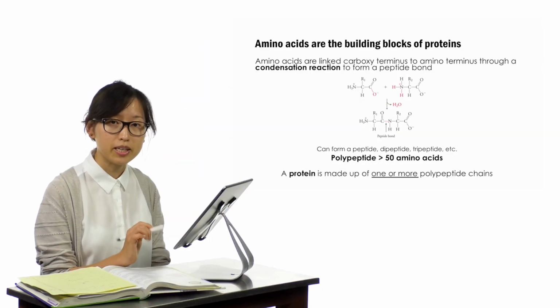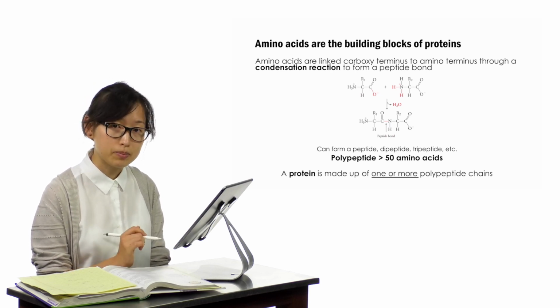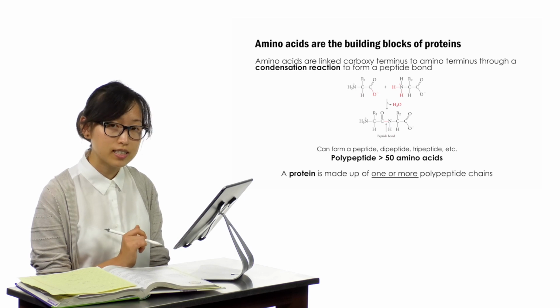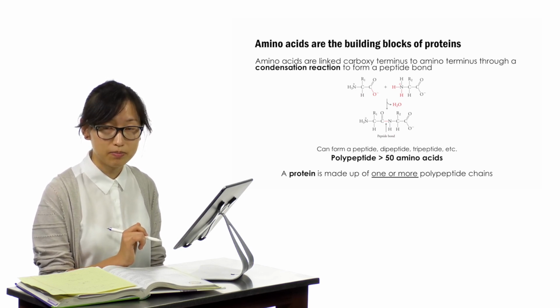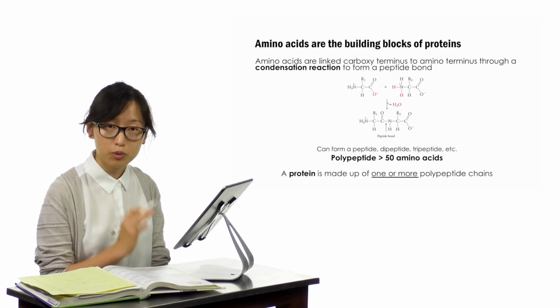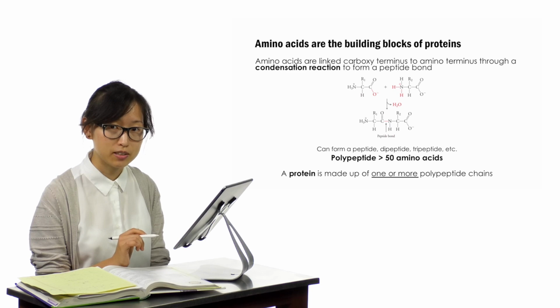Through the condensation reaction, you can form a peptide, a dipeptide made of 2 amino acids, a tripeptide made up of 3 amino acids, and so on. A polypeptide, as we define it for our class, is going to be greater than 50 amino acids. And then a protein is made up of 1 or more polypeptide chains.